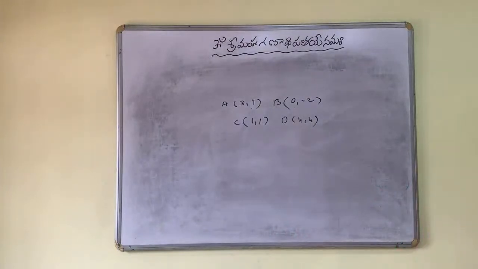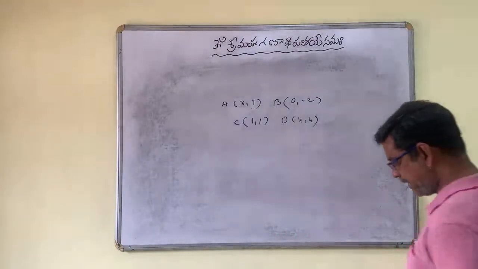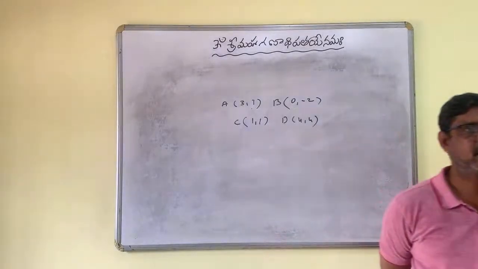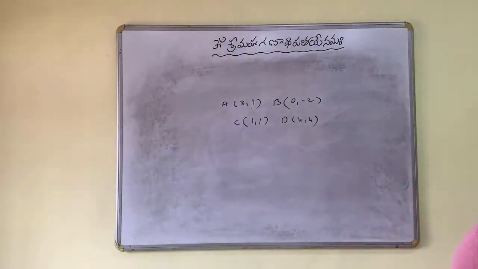Why? Did anyone know the reason? Diagonals of a parallelogram bisect each other.